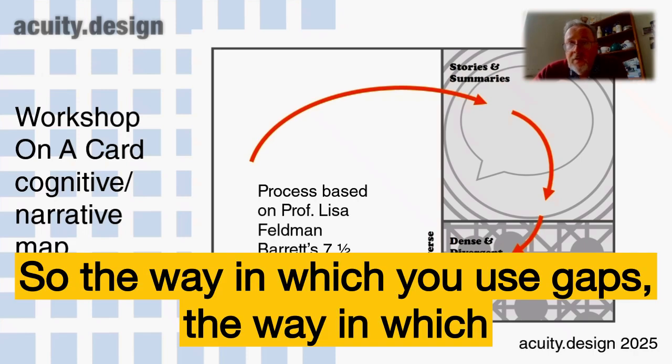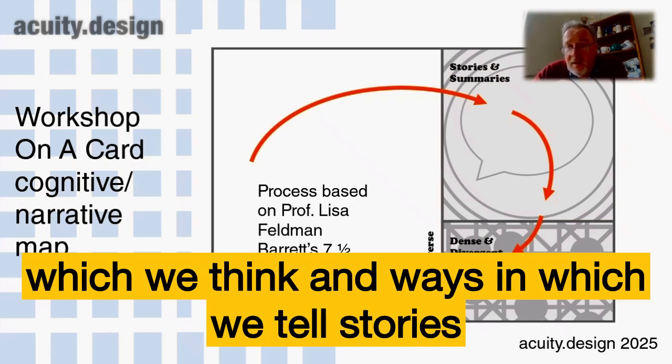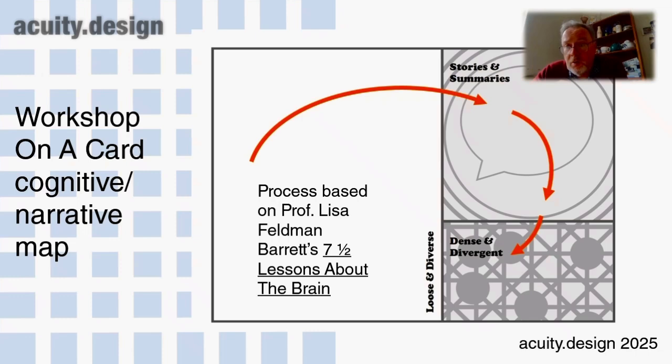So the way in which you use gaps, the way in which gaps matter, is that these different ways in which we think and ways in which we tell stories are the way in which we can match content to cognition.